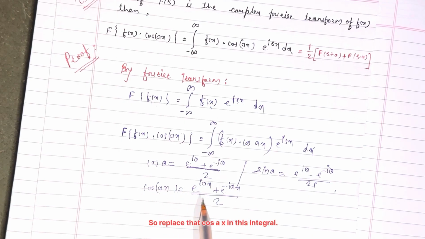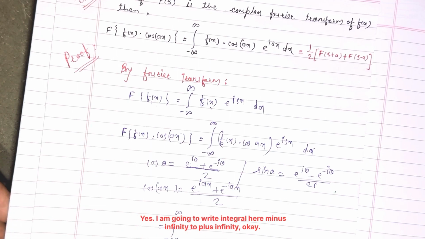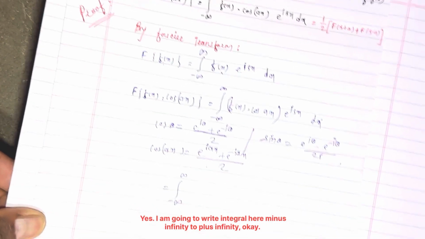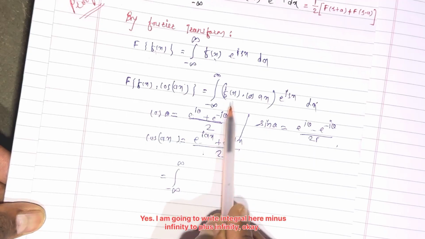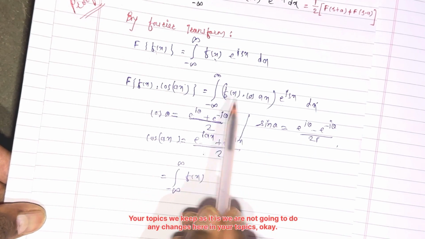So replace that cos ax in this integral. I am going to write the integral from minus infinity to plus infinity. f of x we keep as it is, we are not going to make any changes there.